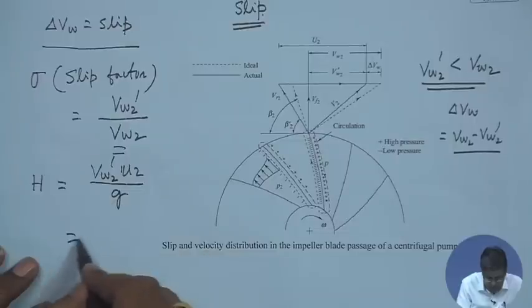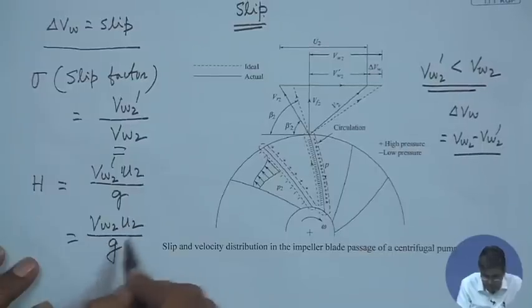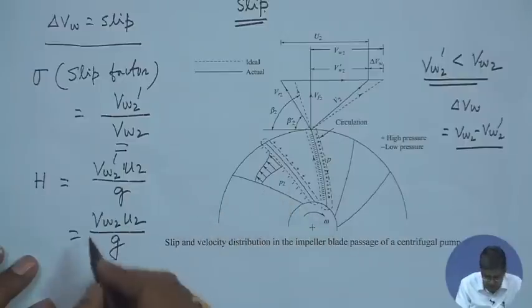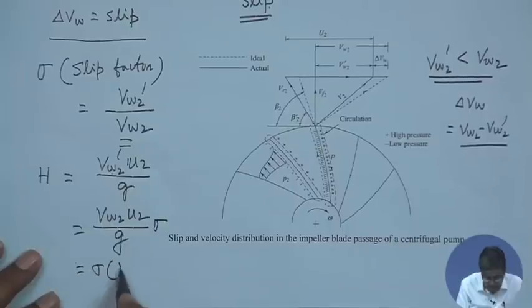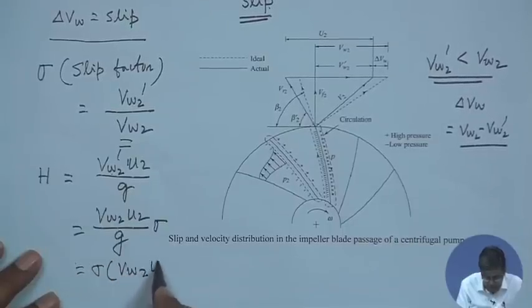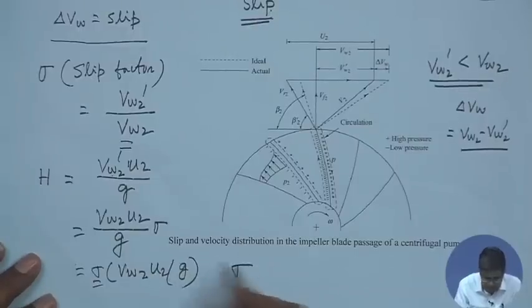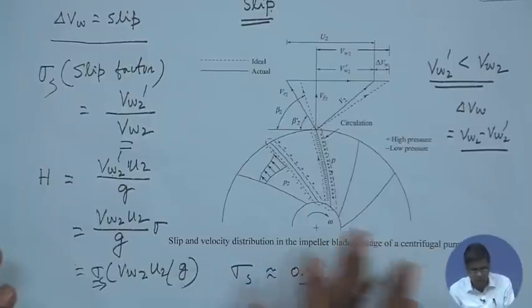It is expressed in terms of its ideal value. That means, if we calculate using the ideal velocity triangle in our problems to be worked out, we just simply multiply with sigma, because VW2 dash is sigma into VW2, so the head is sigma into VW2 U2 by g. It is reduced by this factor. Usually the value of sigma, used with a suffix s, sigma s, is around 0.9.